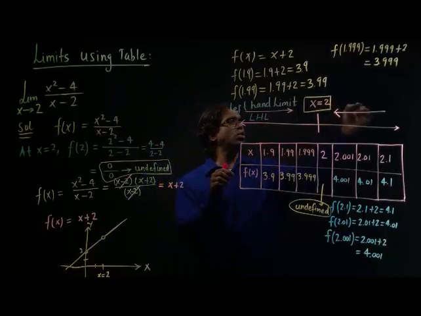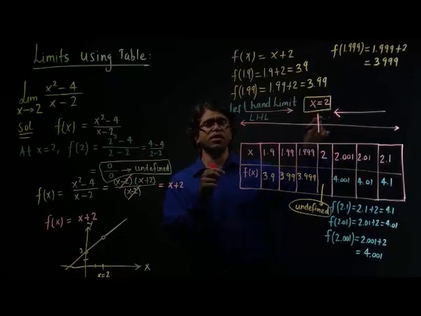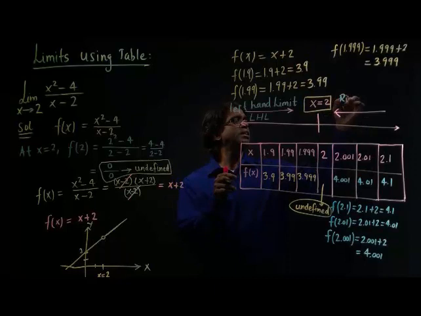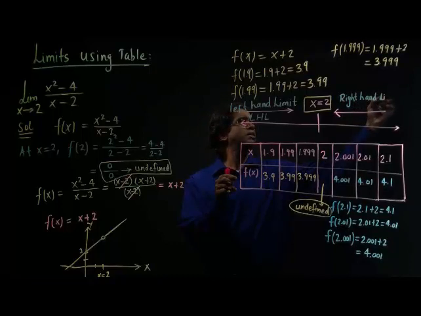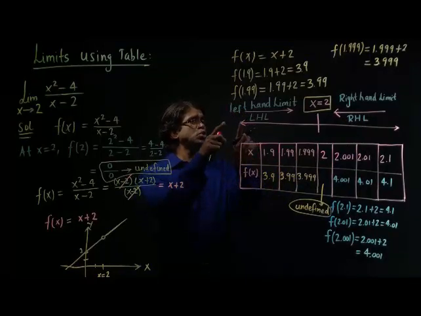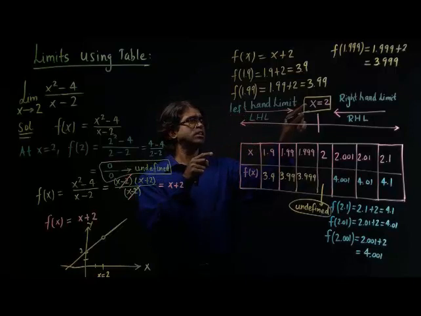If we approach the point at which we need to find the limit from the right, we call it the right hand limit, and we use the symbol RHL, right?